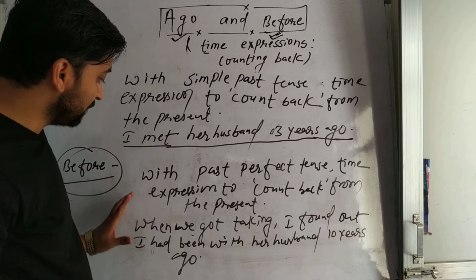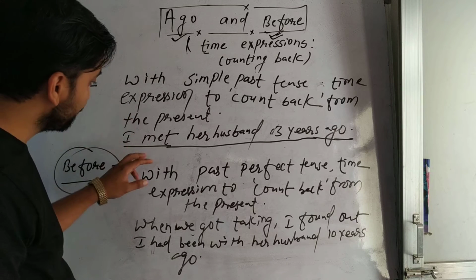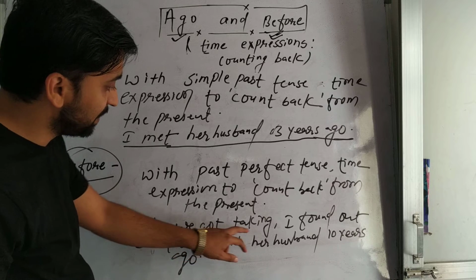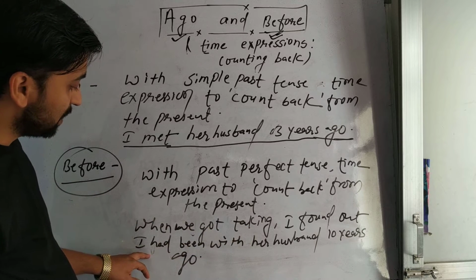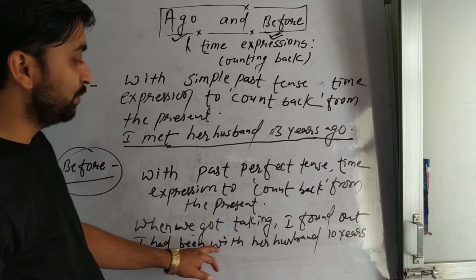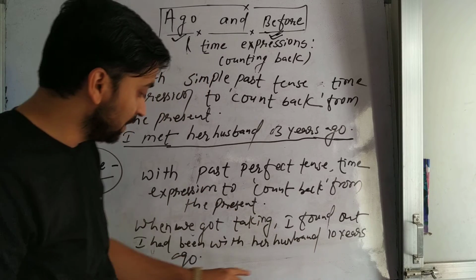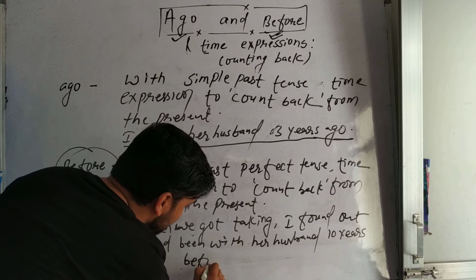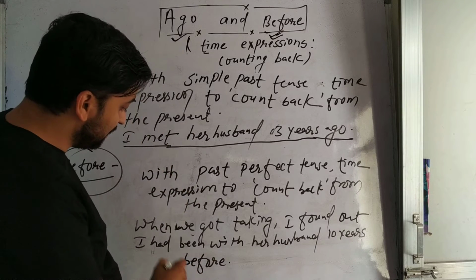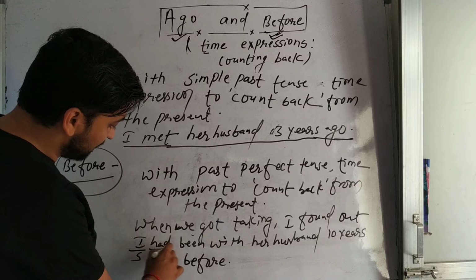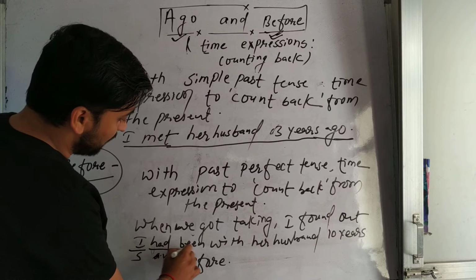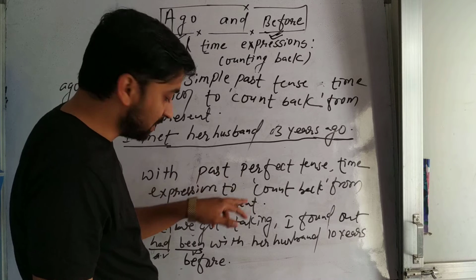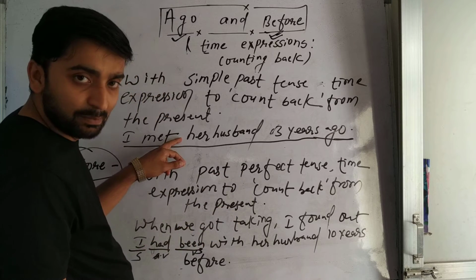So actually what I have written, the example is more important here. I met her husband 3 years ago, and here, when we got talking, I found out I had been with her husband 10 years before, not ago here, 10 years before. So what we have seen here is subject, here is AV, and here is V3. So it is used with past perfect, but ago is used with simple past.